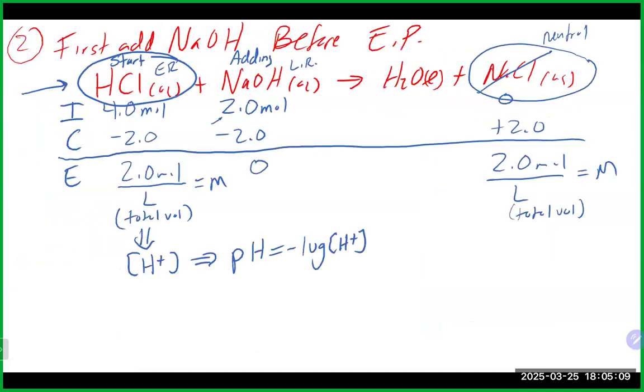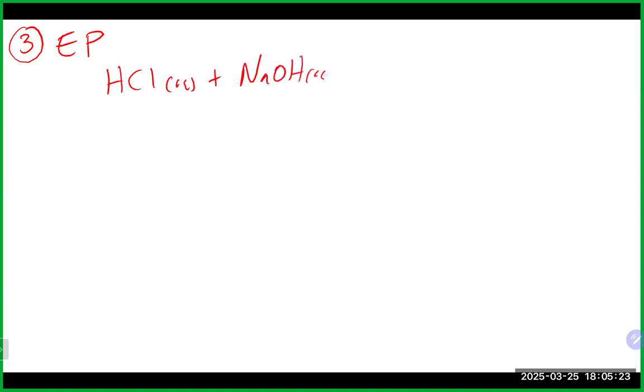But let's see what happens when we do get to that equivalence point. So at step number 3, we're at the equivalence point. And again, we still are going to have our reaction here of our HCl plus our sodium hydroxide, and we get a little bit of water, a little bit of sodium chloride still.